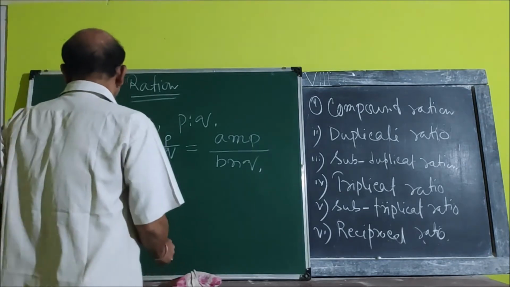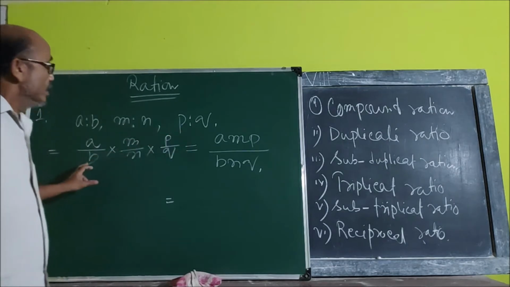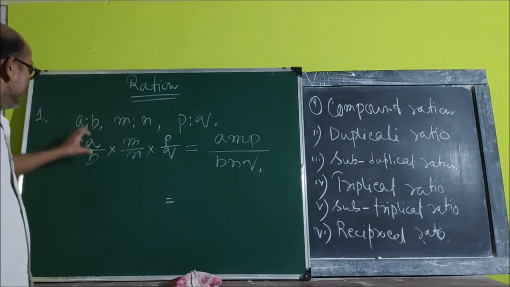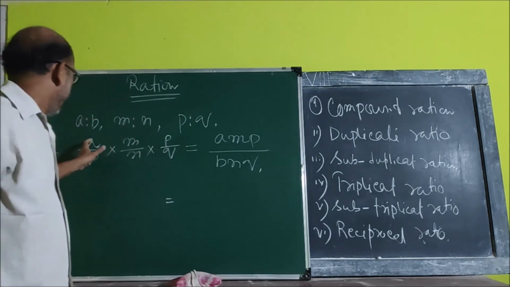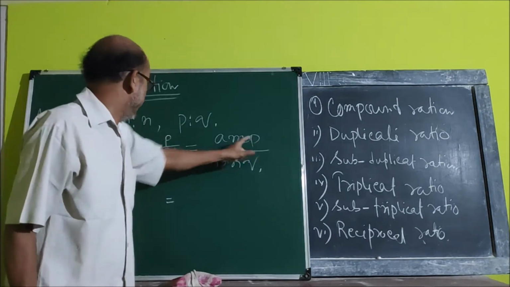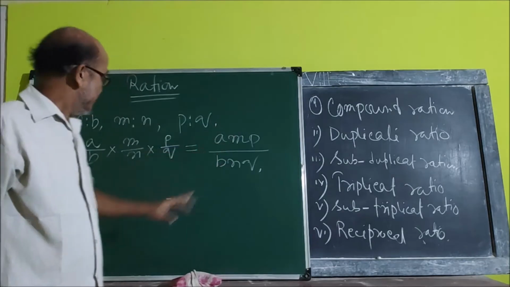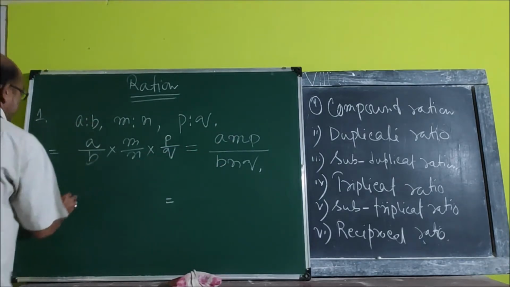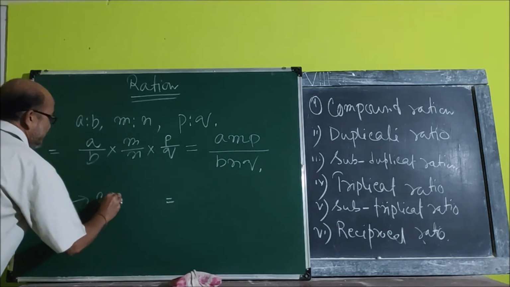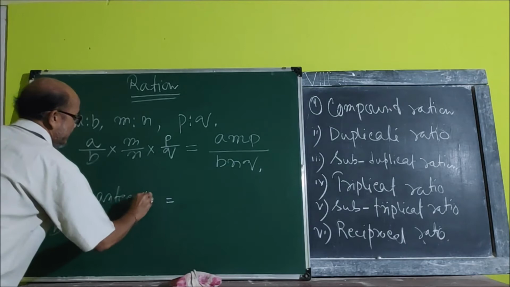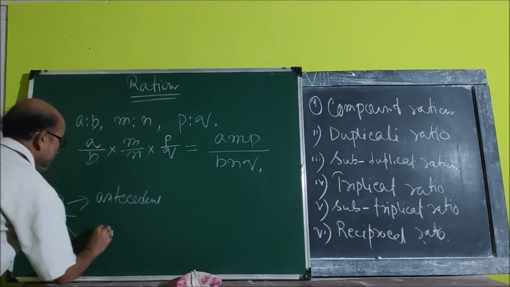Now you see, these three ratios we have to express as a compound ratio. A by B into M by N into P by Q equals AMP by BNQ. Here in A by B, A is called the antecedent and the lower one is called the consequent.